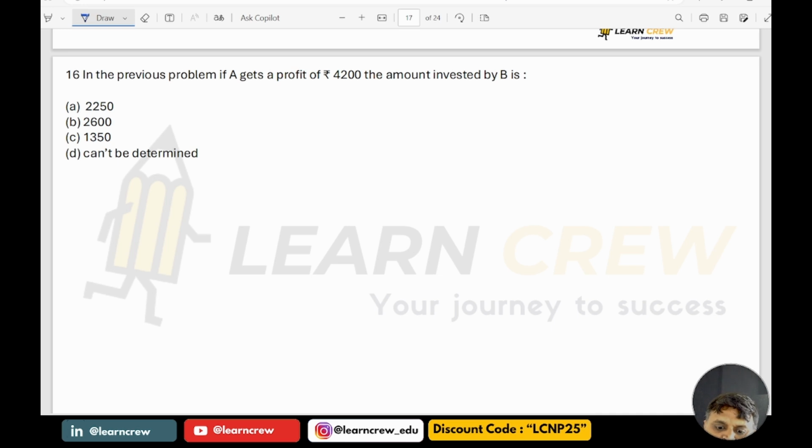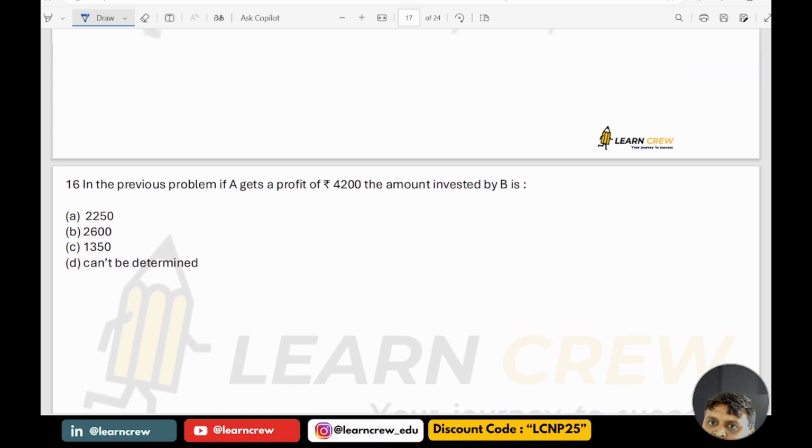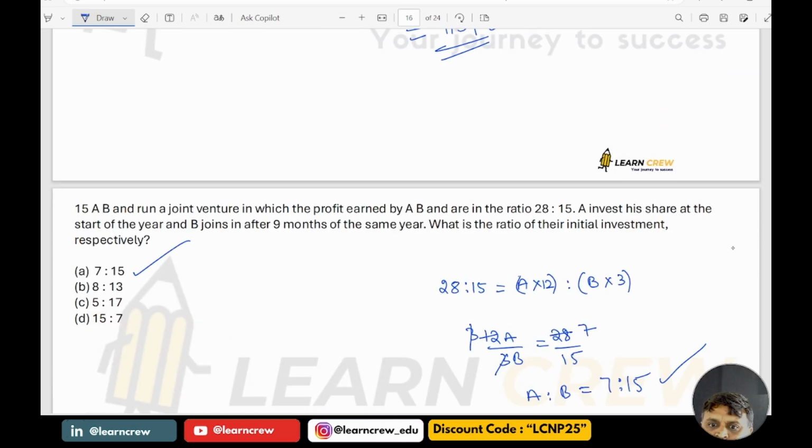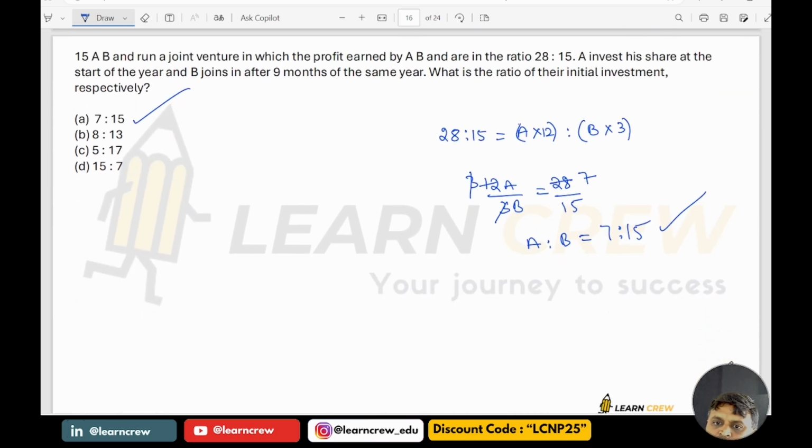If A gets a profit of 4,200 rupees, the amount invested by B. So here A gets a profit of 4,200.